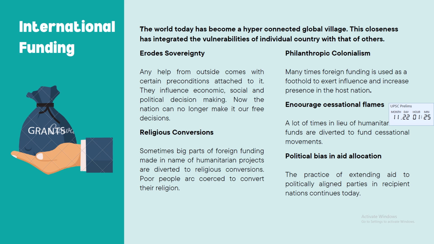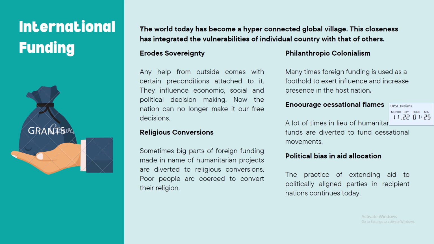The practice of extending aid to politically aligned parties in recipient nations continues even today. Like France sends most of its aid to former colonies, and the US provides aid to Israel. So these allocations are often powerful tools for maintaining the strategic interest of the donor country in the recipient country.